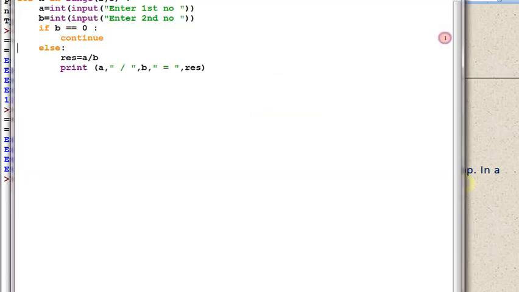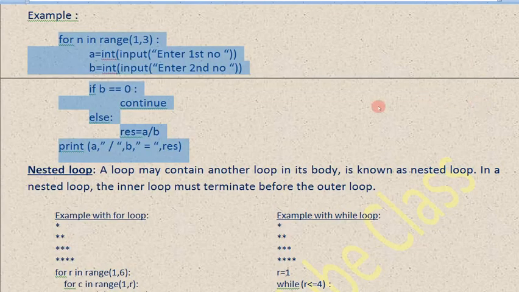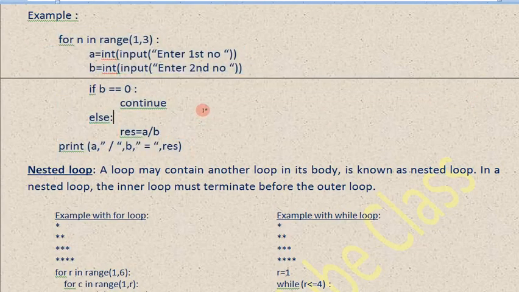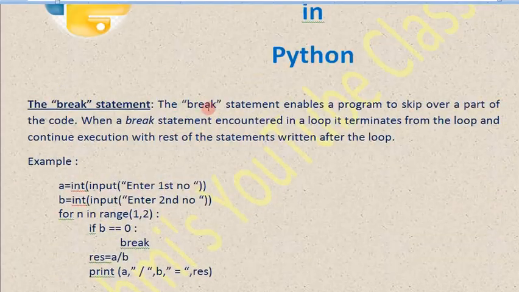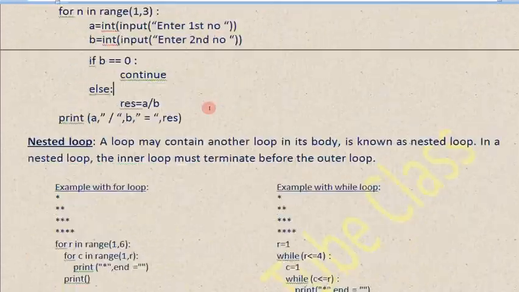So as many times as you want to give the user chances for entering the password, you have to mention here. Suppose you want to give 5 chances to the user, so you can specify 1 to 6, 1 comma 6. So this is all about your break statement as well as continue statement, which we saw in this part of the video.